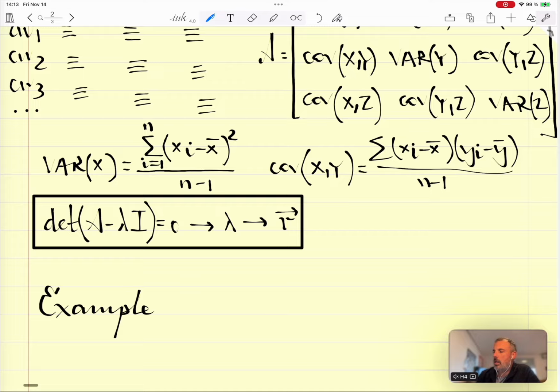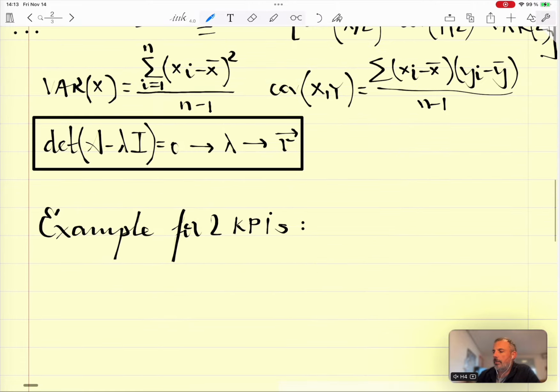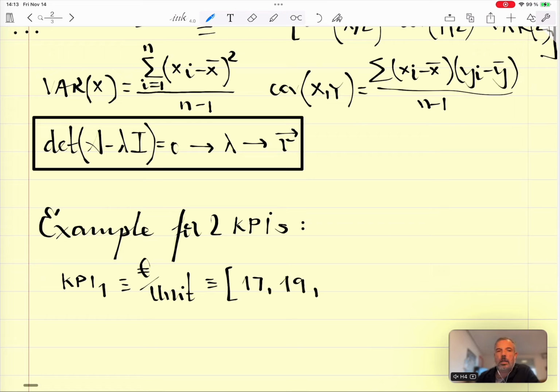Sample for 2 KPIs. Imagine we have KPI number 1. It's cost per unit. Okay, we have 4 weeks of data: 17, 19, 23, and 22.